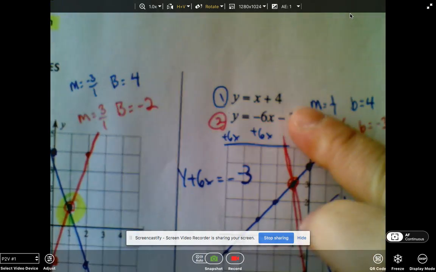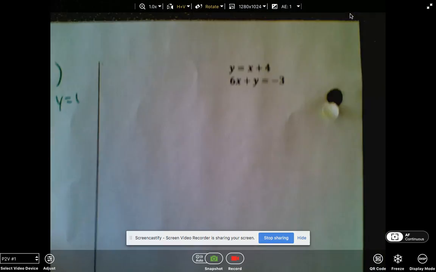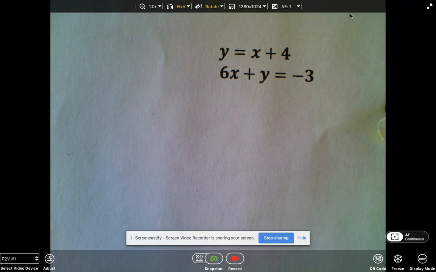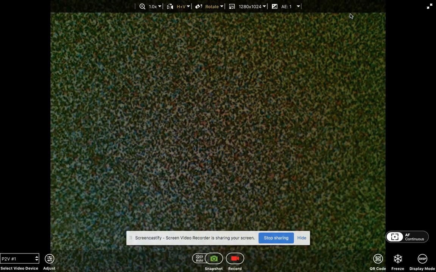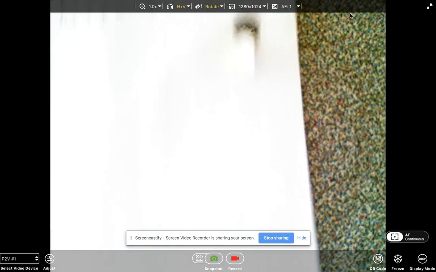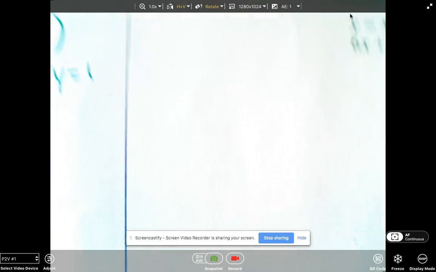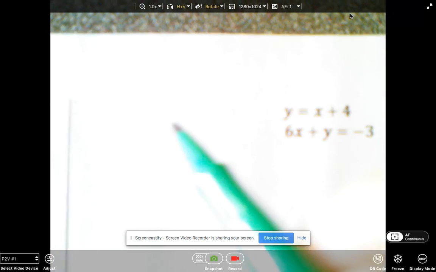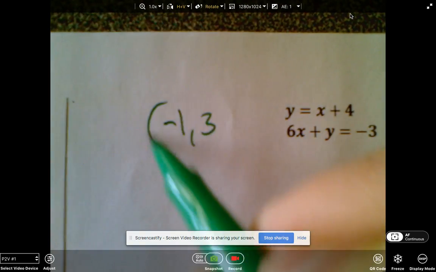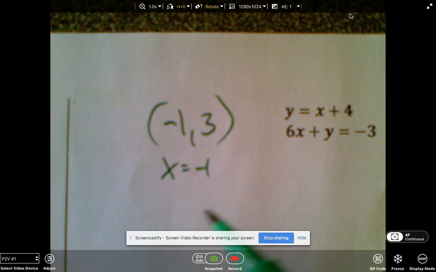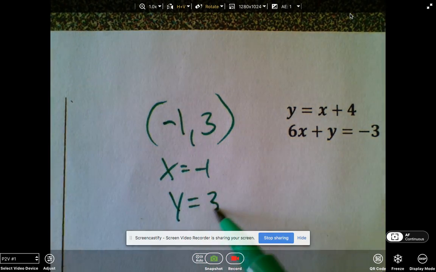It's the same equation, I just changed it a little bit. Again, I know that the answer is going to come out to negative 1, comma 3. So x should equal negative 1, and y should equal 3.